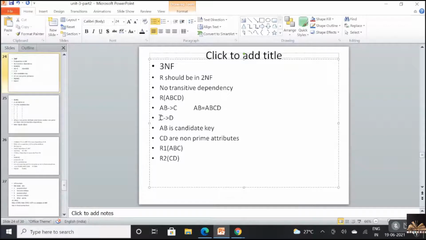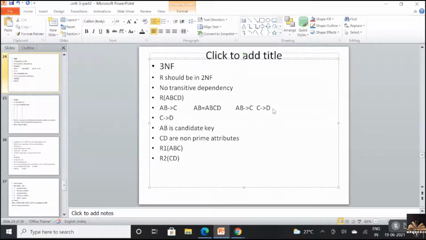When a non-prime attribute determines another non-prime attribute, it leads to the concept of transitive dependency. How it leads to it, you can see over here. AB implies C. Then I've got C implies D. So this is the violation I was telling you.